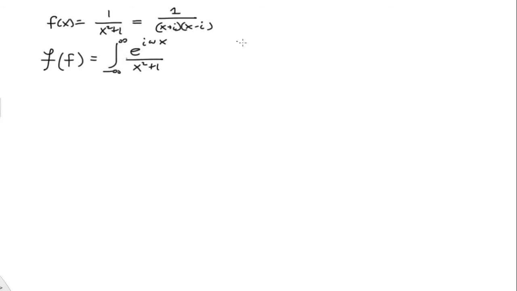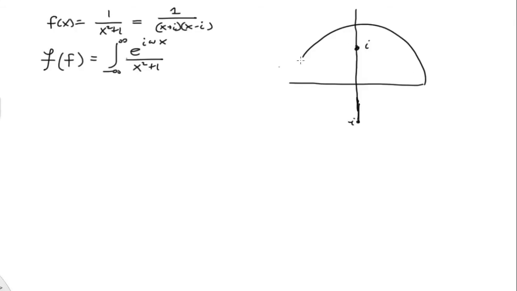When we draw the complex plane here, we have i and then minus i down there. So there are the complex conjugate roots, and we can put our path going around like so. That encloses the path, so we'll call that C.